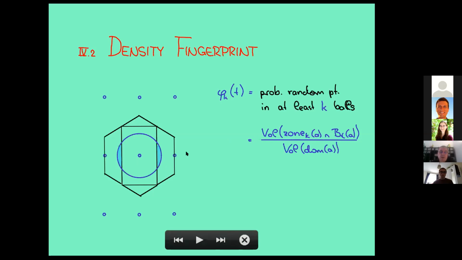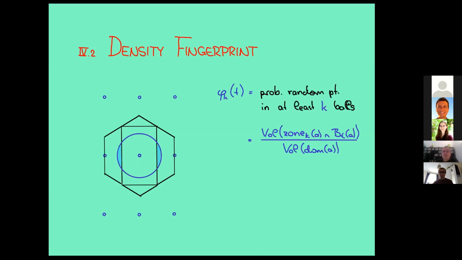If it's outside of this ball, but in a kth Brillouin zone, then that means the k nearest has distance larger than t. So it is covered by fewer than k balls. All right. So this gives a convenient way. Let's say convenient, because simple is maybe a little bit different, because it's still tricky, and Phil will tell you more about how he deals with the tricky situations.